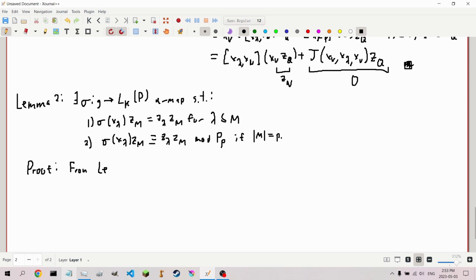From lemma 1, there exists a homomorphism of f of the k tensor of G with the polynomials of order P into P, with the given constraints A, B, and C we saw before. I'm not writing them all out again.